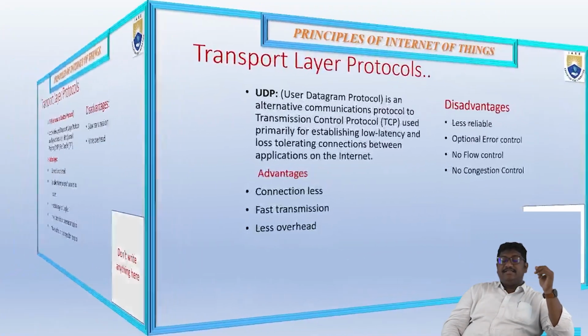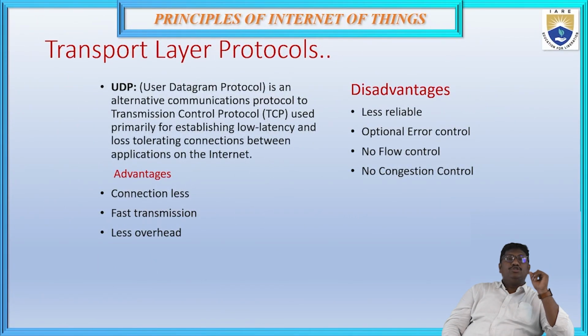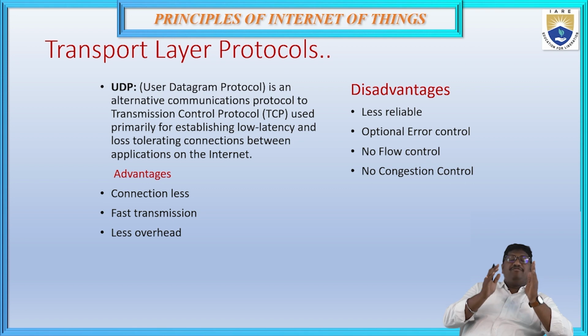Now consider the next protocol, UDP, which stands for User Datagram Protocol. It is an alternative communication protocol compared with TCP, used to establish low-latency, loss-tolerant connections between applications on the internet.